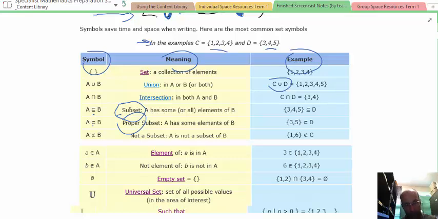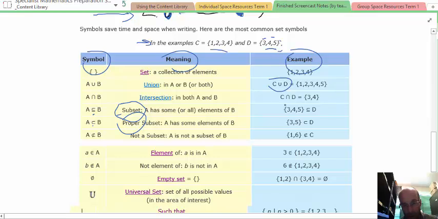The distinction between a subset and a proper subset: a subset can have some or all of the elements. So if we look at D above there, it's 3, 4, 5, and 3, 4, 5 is a subset of D. It's one possible subset. 3 by itself could have been a subset of D as well, but it can include the whole set.